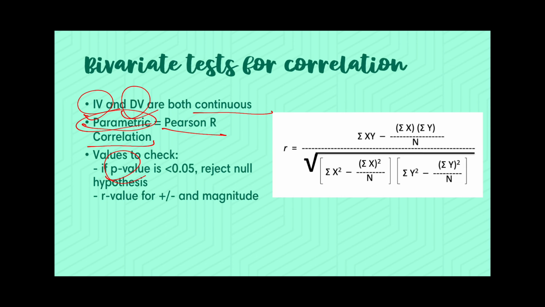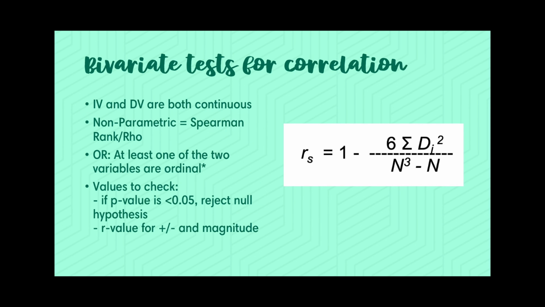If the p-value is less than 0.05, then you reject the null hypothesis, meaning that there is a significant relationship. But you go further and you look at the R value and you check for the direction, whether it's positive or negative, and then you check for the magnitude. You interpret the magnitude. This is the formula for Pearson R, just in case you want to look at it. But I said we're going to use Jamovi anyway.